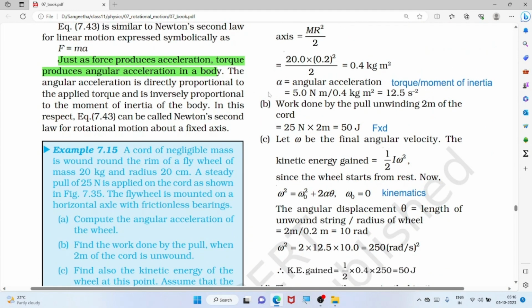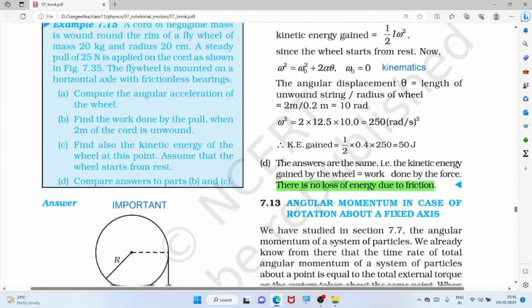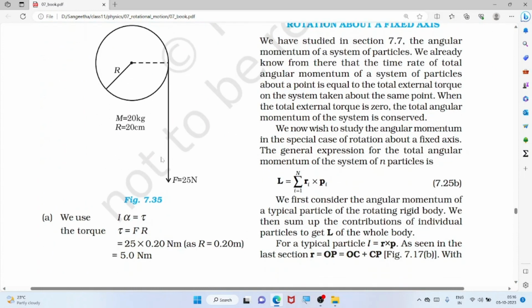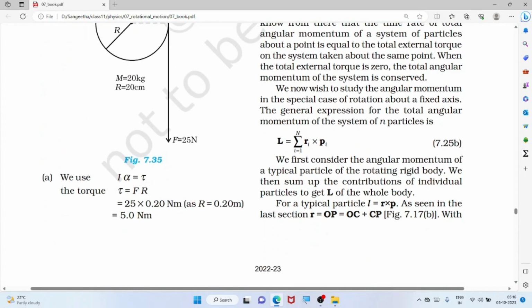Angular acceleration is torque divided by moment of inertia. From this formula, angular acceleration equals torque divided by the moment of inertia.